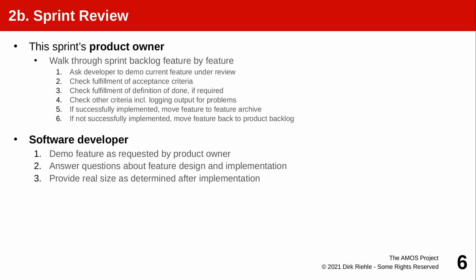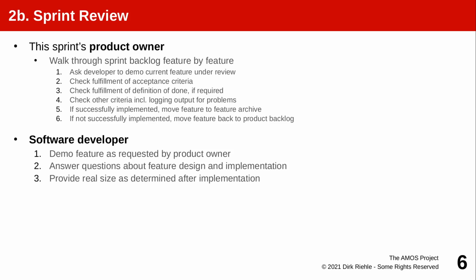So part of that is checking the acceptance criteria. If everything seems fine, you also check whether the definition of done is fulfilled. And if all of this looks good, the product owner can conclude that the feature under review was properly implemented, has been done. And if so, you can move the feature into the feature archive where the stuff goes that has been finished.